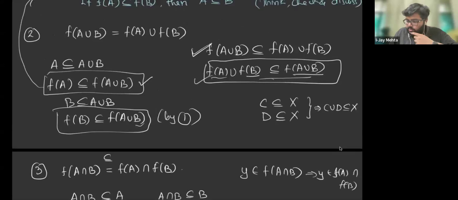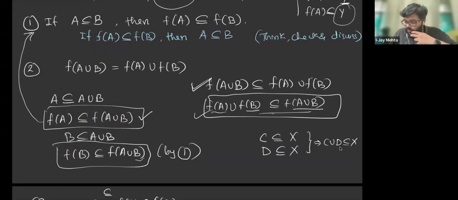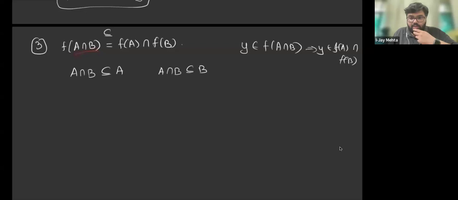We've already done this, right? We can think about this whenever we see intersection and union. We think about the relation between the sets. We know A is a subset of A union B and B is a subset of A union B. Now here we don't have union, we have intersection. So is there any relation between intersection and this? Advait is right. A intersection B is a subset of A and B. So we can apply one again.